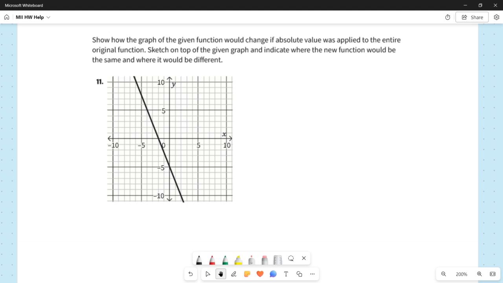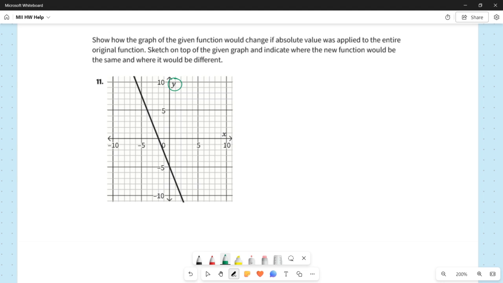So in order to complete this, all we really need to do is say that the portion of this graph that is positive is going to stay the same. And when I say positive, I mean the y value. Wherever the y value is positive, that's not going to change at all when we apply absolute value to it, because the absolute value of a positive number is again a positive number.